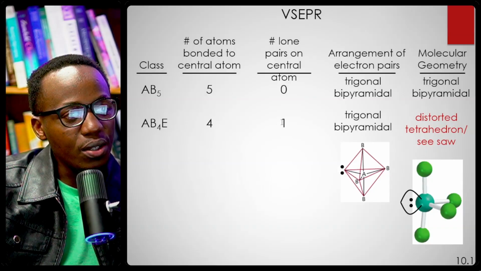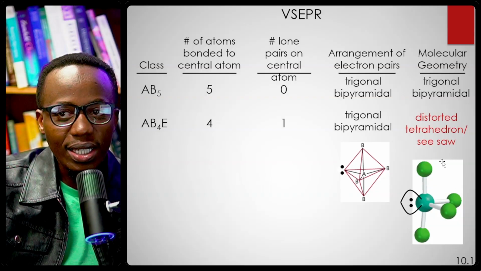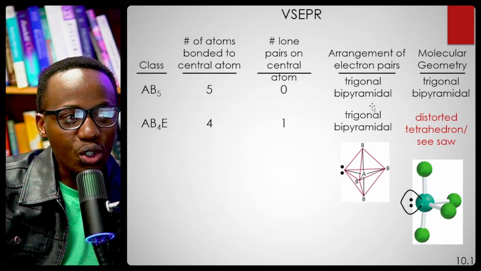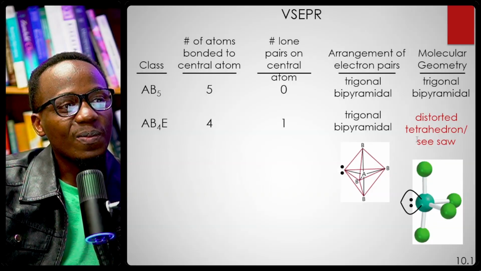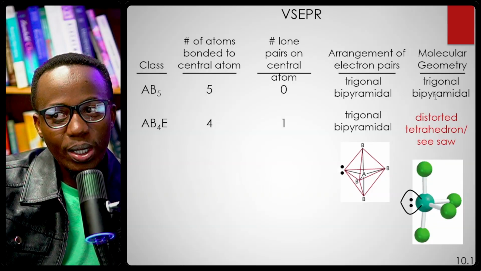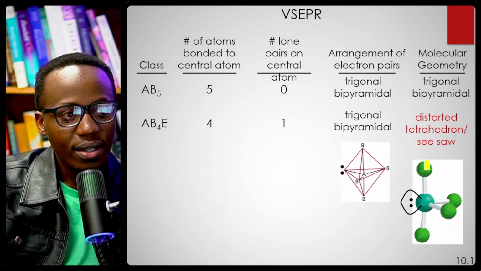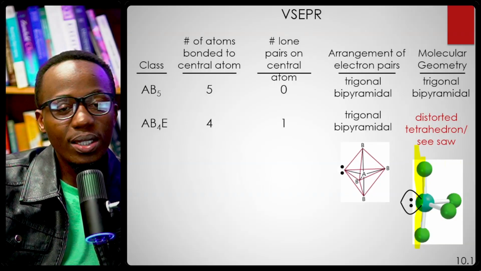But if one of the things is a pair of electrons, we have something called a seesaw, right? The electron geometry is still trigonal bipyramidal, but the molecular geometry is a seesaw. And why is it a seesaw? Because it's like a seesaw, right? See how it's a seesaw. This is a seesaw that can swing back and forth. So it's the same thing.